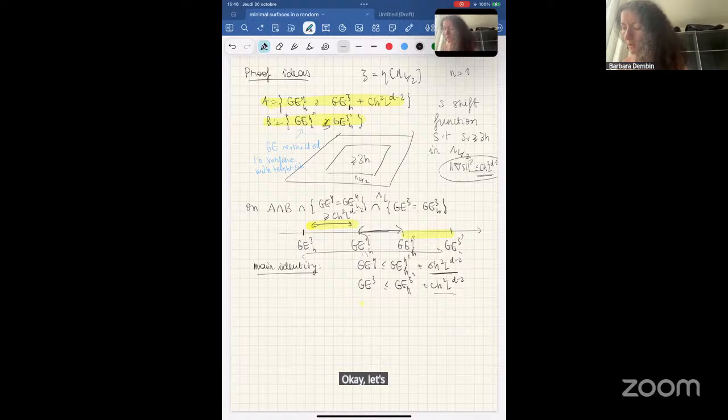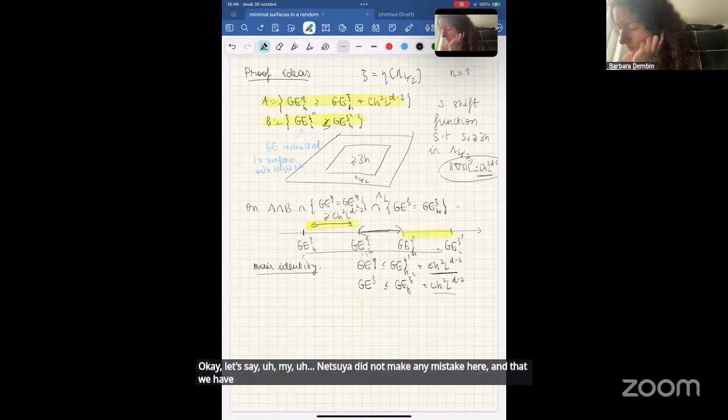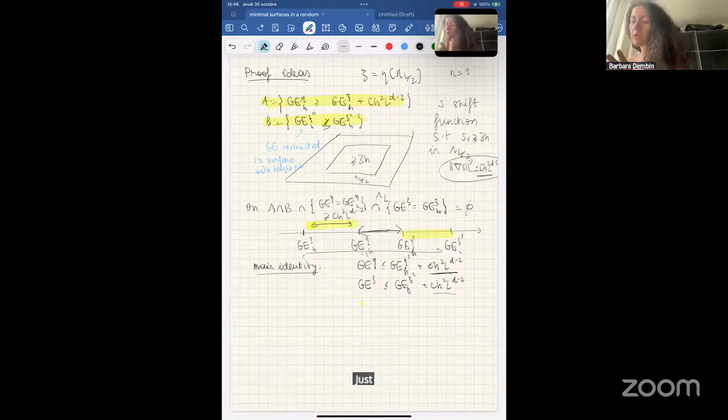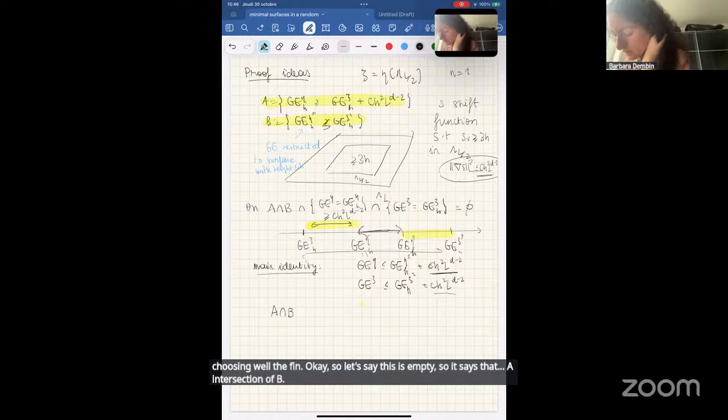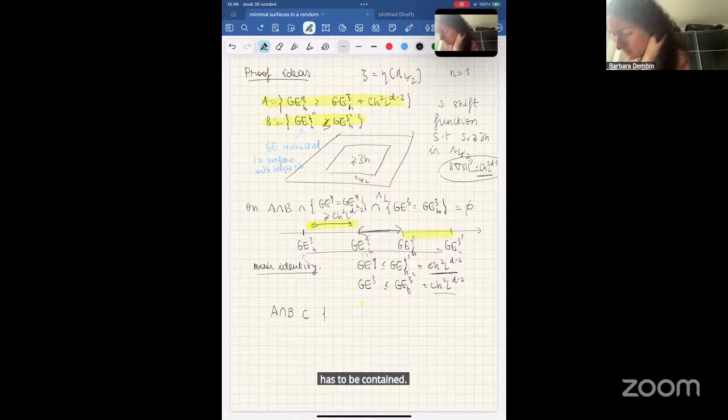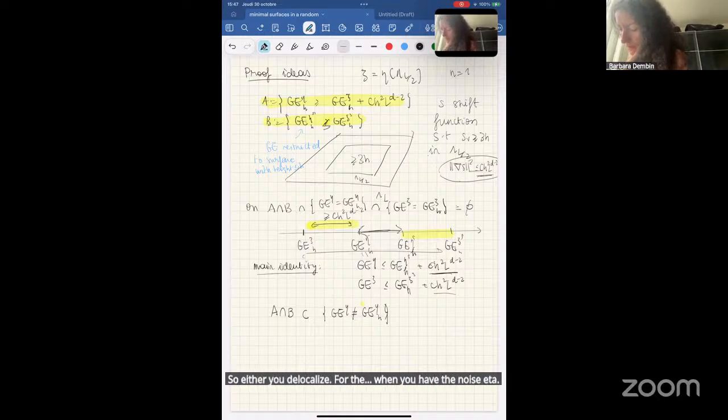Okay, let's say I did not make a mistake here, and that this is empty, just to conclude the proof. And then it's just a matter of choosing well. So it says that the intersection of A and B has to be contained in either this one delocalized, so either you delocalize when you have the noise eta, or you delocalize for the other noise.